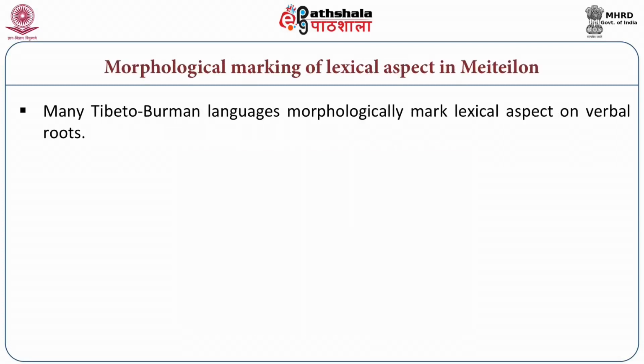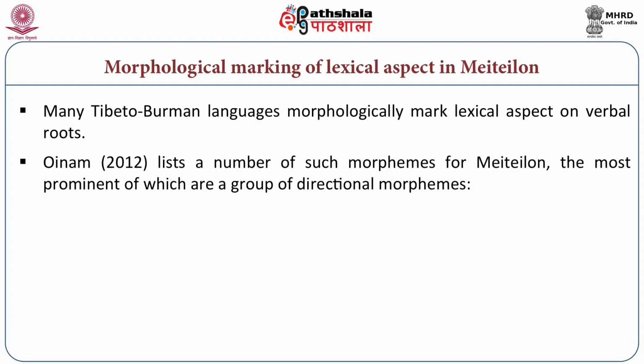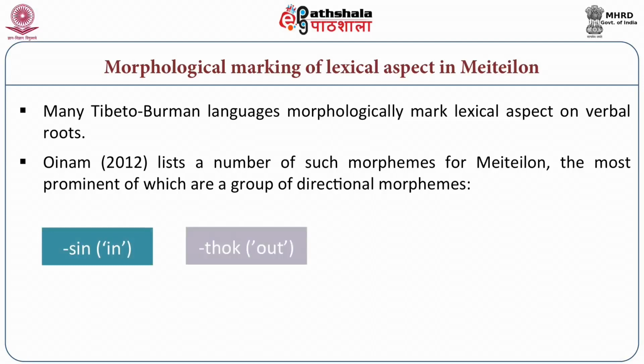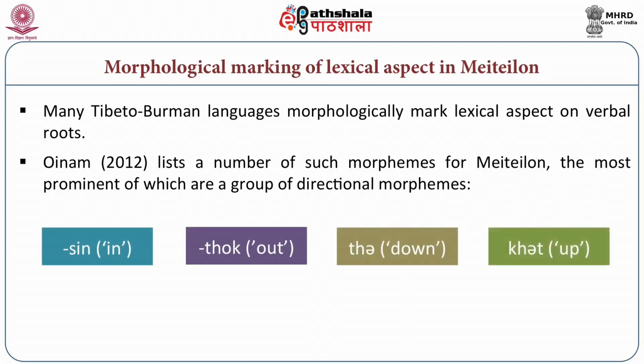Lexical aspect is marked on verbal roots in the Tibeto-Burman language Meithei. Oinam lists a number of such morphemes of Meithei, the most prominent of which are a group of directional morphemes: sin, which denotes the direction in; thok, which denotes the direction out; th, that denotes the direction down; and khat, which denotes the direction up.